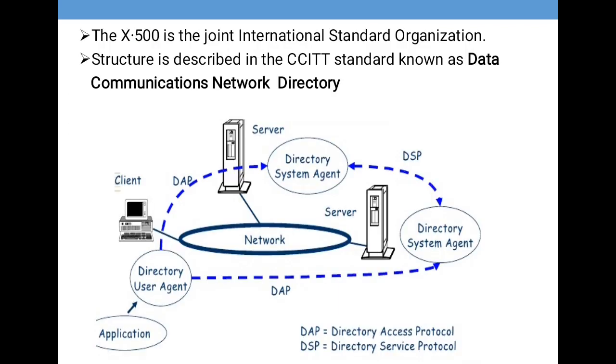The X500 standard is provided by the Joint International Standards Organization. Its structure is described by the CCITT standard, which is known as the Data Communication Network Directory, where it provides a directory system to store data, and it acts as an interface or a protocol between a network and a client.